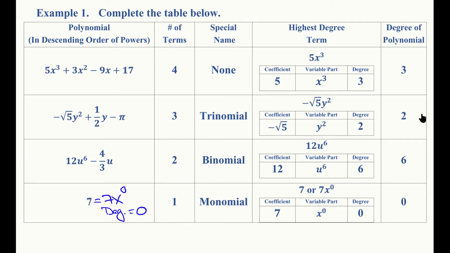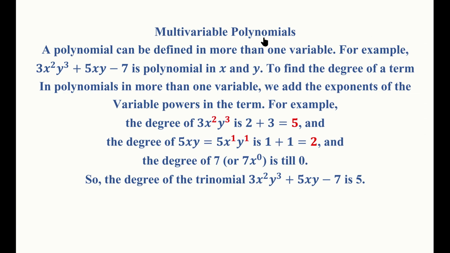So make sure you understand what each of these different components are before we proceed. Now, sometimes polynomials can have more than one variable in them. As long as each of the variable powers has a whole number exponent, we should be good to go, no problem.